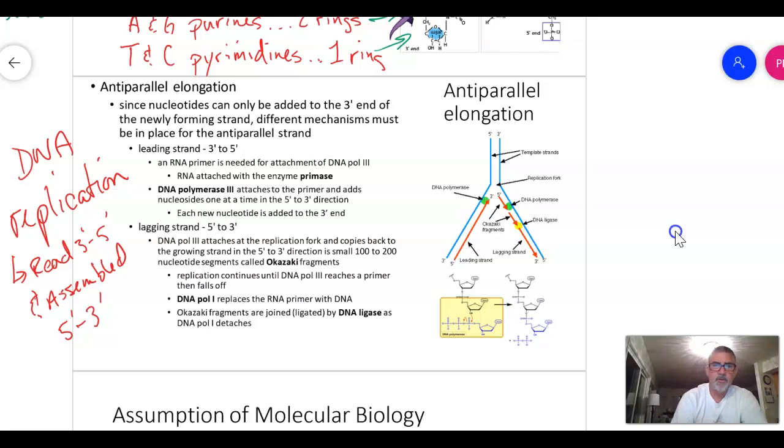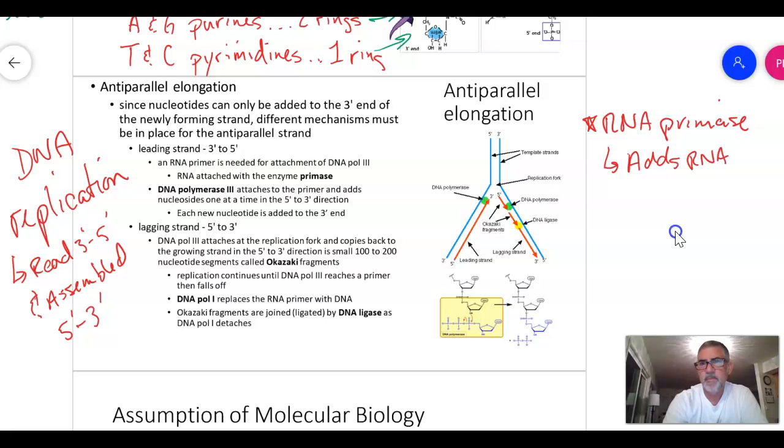All right, if we look at our picture here, there are some enzymes that you need to know. We have RNA primase, and this adds the RNA primer.